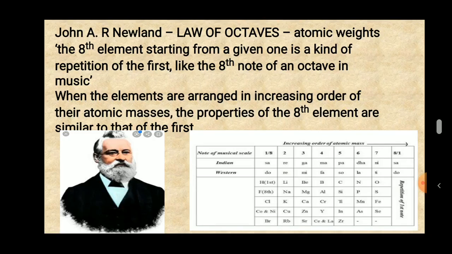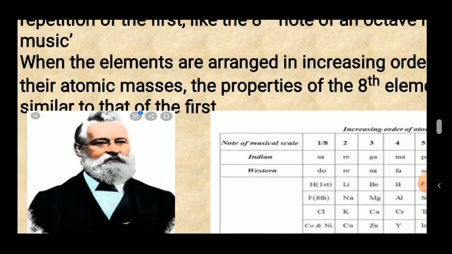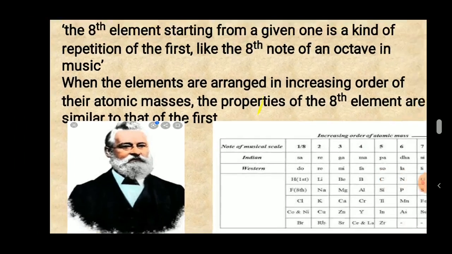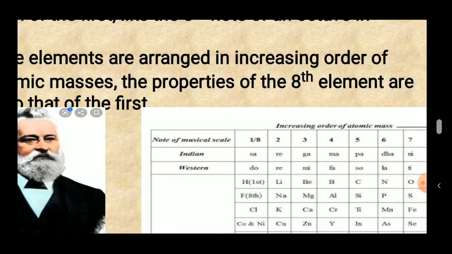Now, what he said in the law of octaves: when the elements are arranged in increasing order of their atomic masses, the properties of the 8th element are similar to that of the first. You can see the picture of Newland here. Now how he arranged, just see here, based on the musical notes sa re ga ma pa da ni sa, based on the Indian concept.